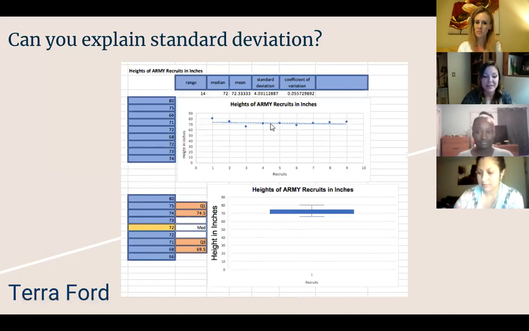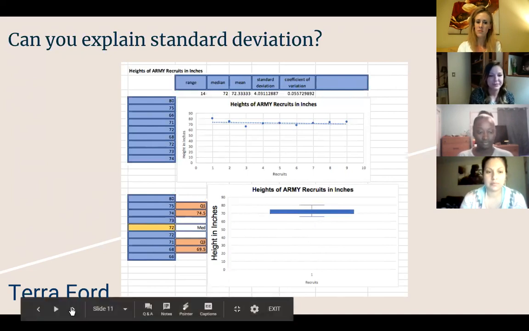Since we have a relatively low standard deviation, that means that most of the heights are close to the average. This is also shown by the tightness of dots in the scatter chart and against the trend line, and also in the relatively small width of the bar in the box and whisker chart.